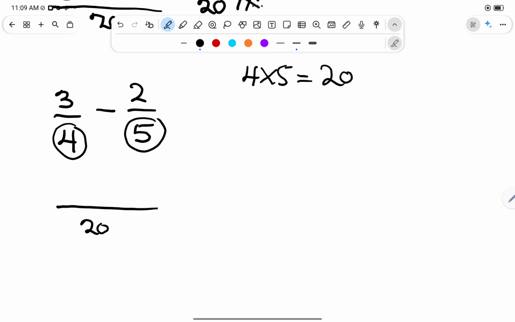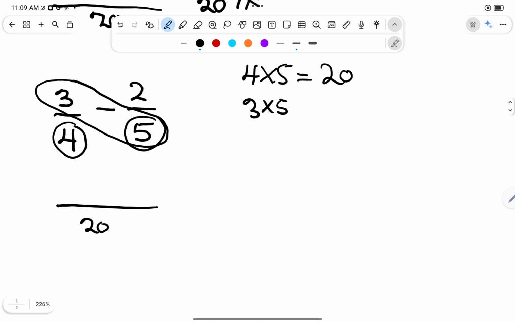Now, we are going to use this 3 here, which is the numerator of the first fraction, to multiply the denominator of the second fraction, which is 5. So we have 3 times 5, which gives you 15. We are going to put the 15 over here. And then, since the sign in between the two fractions is the subtraction sign, we are going to put the subtraction sign over here.